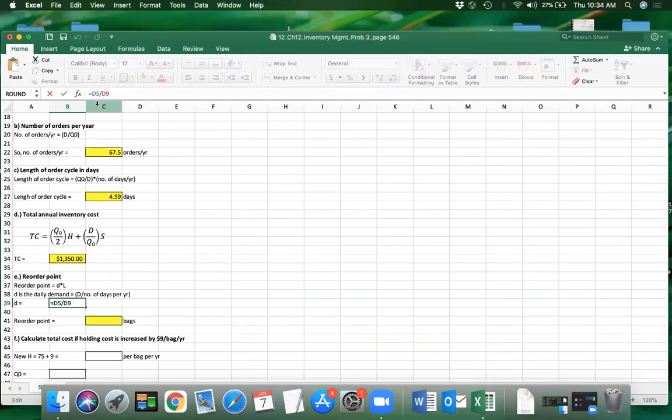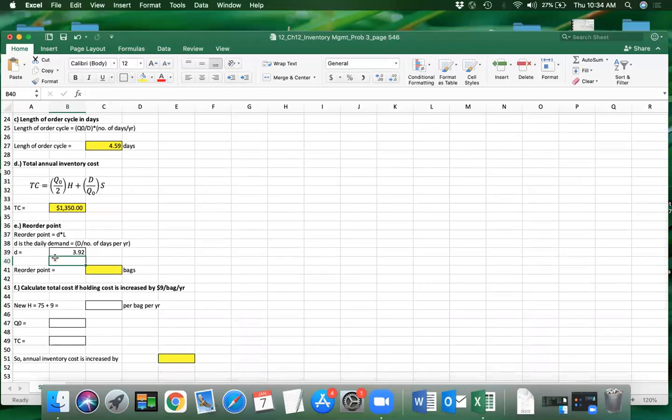So round, open parenthesis, two decimal places, close parenthesis. So daily demand is going to be this many bags per day. So we know how many bags we are going to need per day.